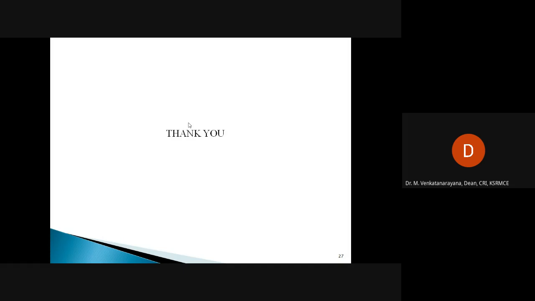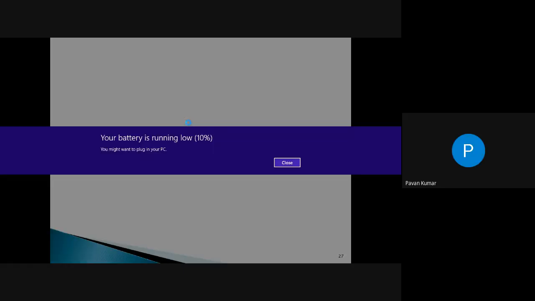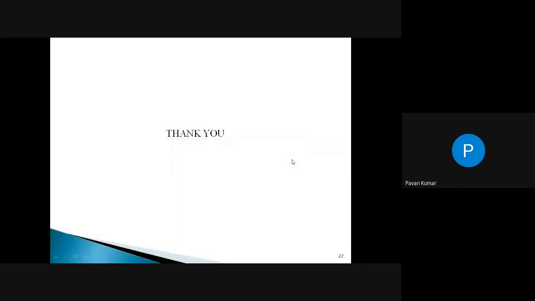Sir, as already told, image enhancement is application specific. These histogram equalization based methods are basically used for consumer electronics, that is, TV images like that. The median filter and all those other methods, we can apply based on the application.